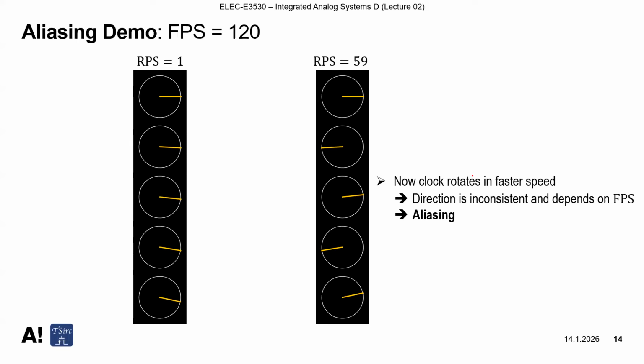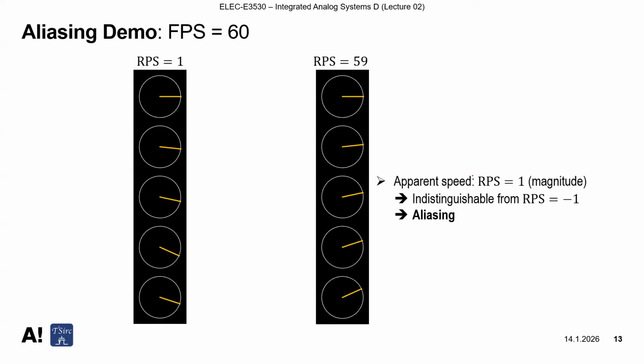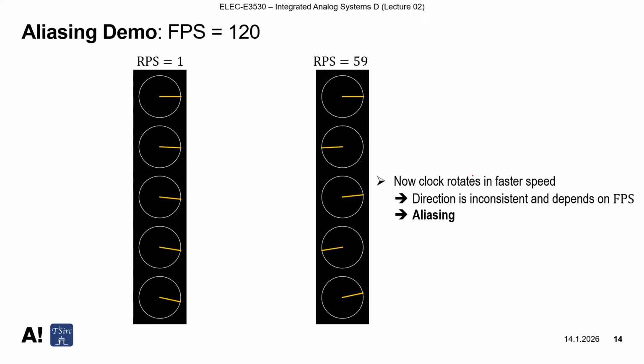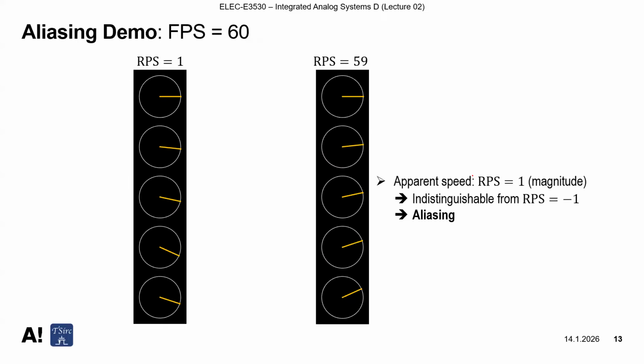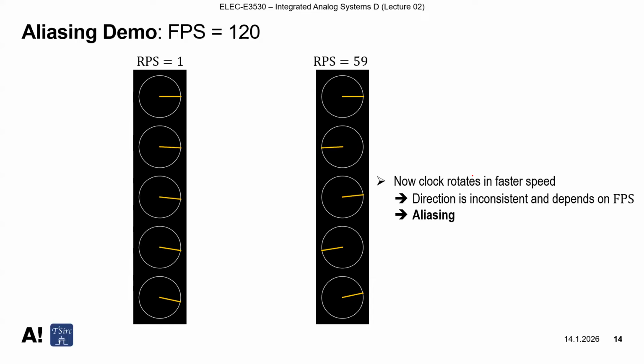It was traveling counterclockwise, but we just increased the sampling rate and the traveling direction changed. Now the clock rotates at a faster speed, which is also faster than before, when it was rotating with magnitude RPS equal to 1. It doesn't look like RPS equal to 1 anymore. So the direction is inconsistent and depends on our sampling rate, and this happens because of aliasing.